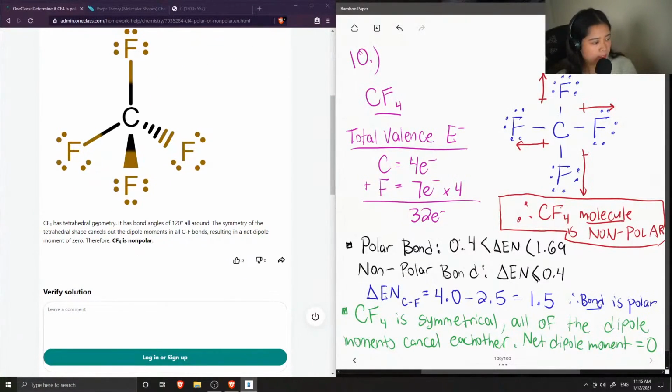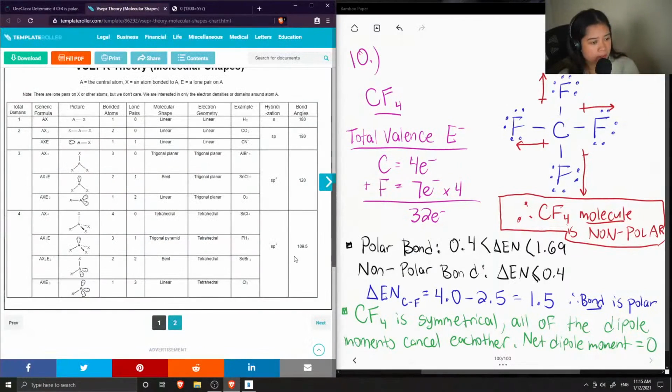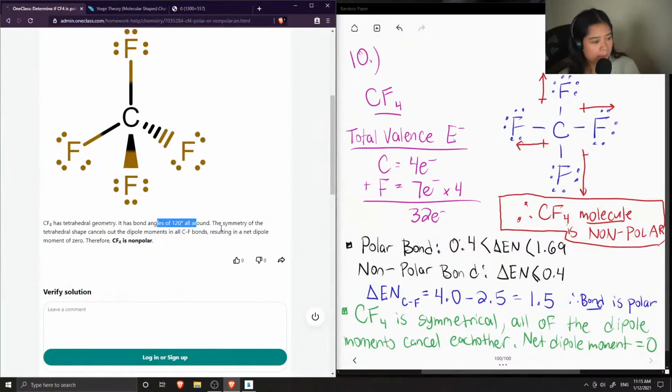It has a tetrahedral geometry, bond angles of 120 degrees all around. I think the bond angles are actually 109.5, so I'll just fix that in the comments. And the symmetry of the tetrahedral shape cancels out dipole moments in all the carbon-fluorine bonds, resulting in a net dipole moment of 0. Therefore, the molecule is polar.